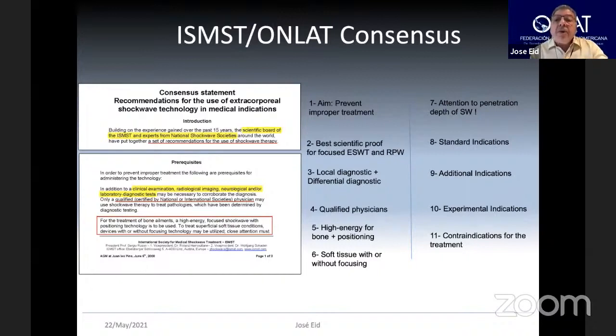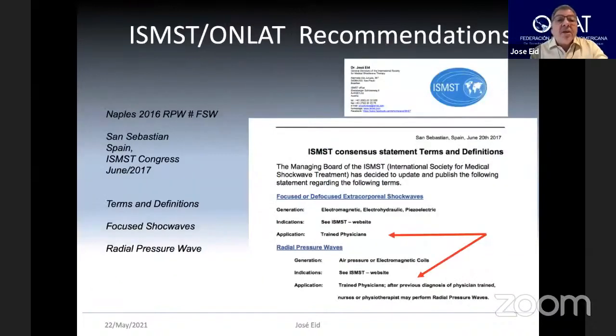So about the indications, Daniel already told us, and these recommendations also from Naples and in San Sebastian, about the definition: focus shockwave and radio pressure waves are different technologies with different indications. We also have this consensus, and I emphasize here the necessity of trained physicians, a previous diagnosis, and a prescription for other non-physician health professionals.